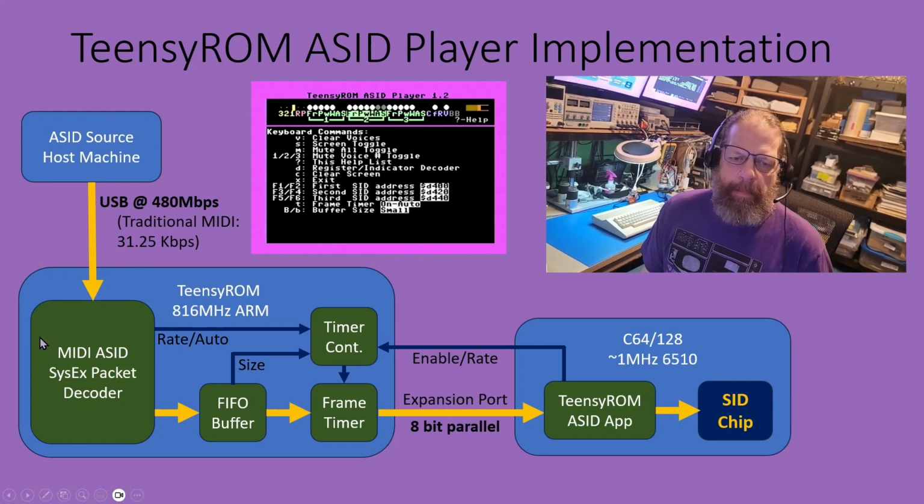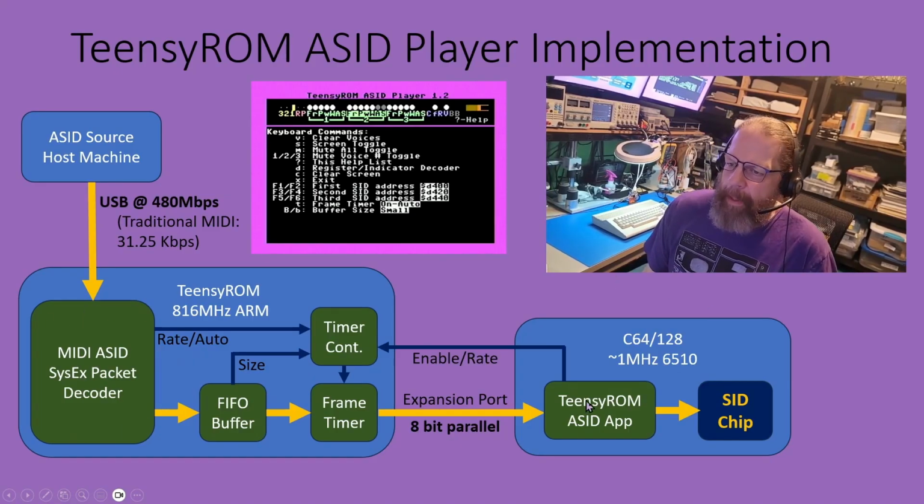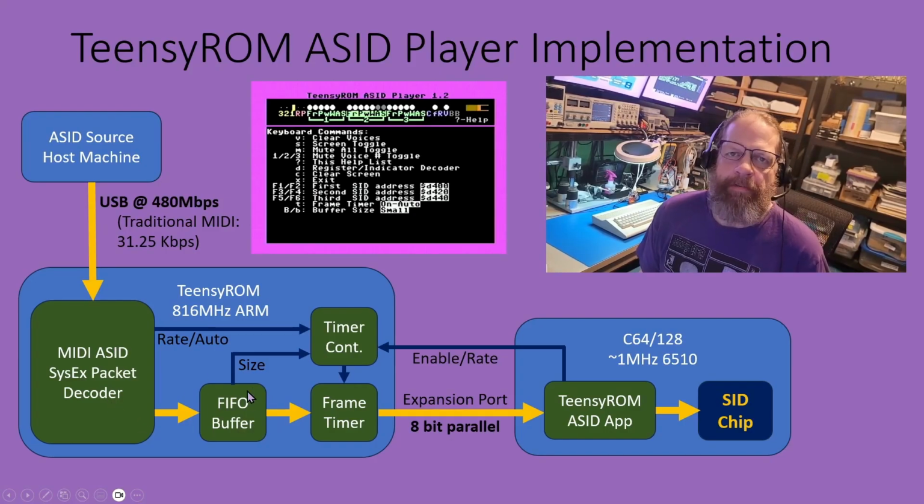The first thing that happens is that SysEx packets are decoded into something that the SID chip will ultimately understand. This takes a little bit of processor power. Not that it can't be done inside of the C64, but the Teensy chip itself is quite a bit faster and takes a lot of that load away from the C64. So that decodes that packet and loads it into a buffer.